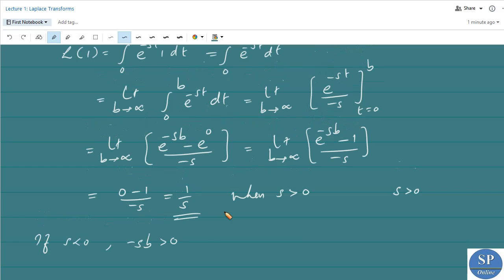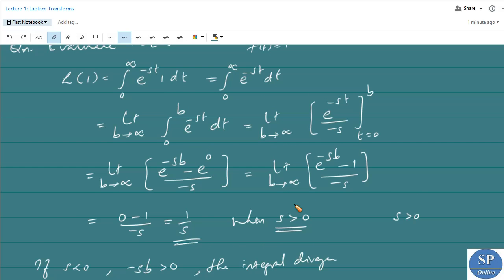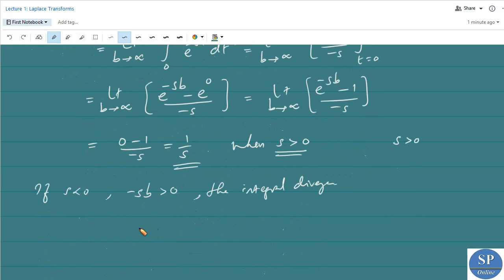So this limit diverges, so the integral diverges. So the integral converges only if s is greater than 0. So in that case, we have L of 1 is equal to 1 by s. So the function 1 has the Laplace transform 1 by s. L of 1 is equal to 1 by s.